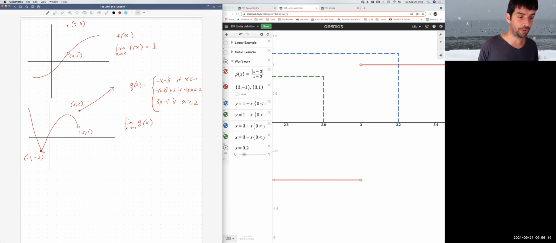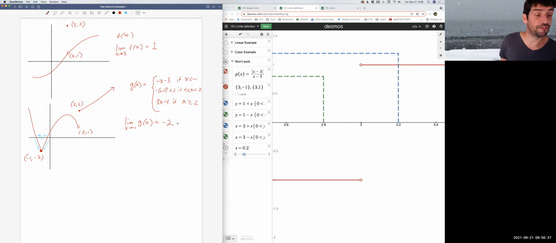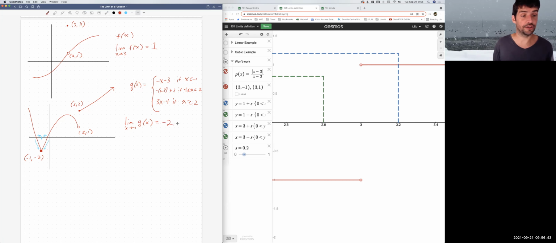And notice if we make our values of x get closer and closer to negative 1, the graph gets closer and closer to this point, negative 1, negative 2, which tells me that the limit here is negative 2. I can get as close as I want to that output value for g, as long as I make x really close to negative 1, on either side.